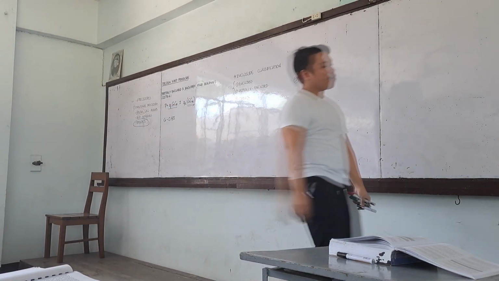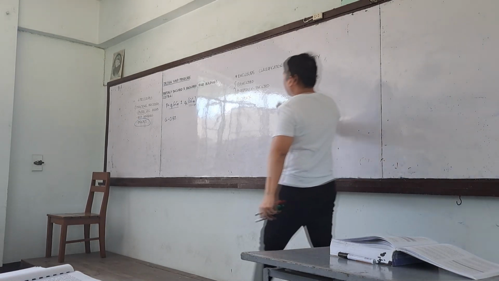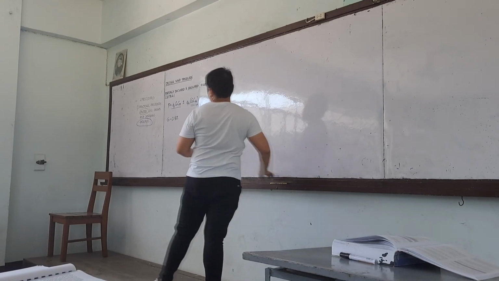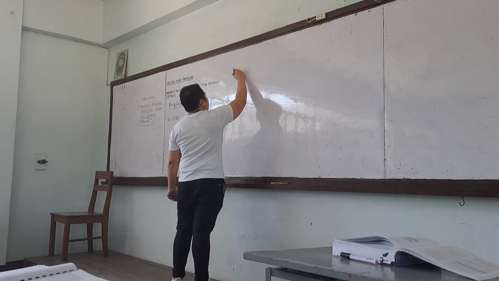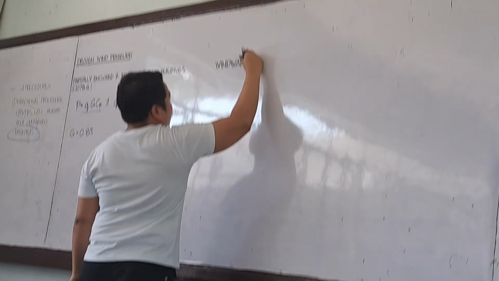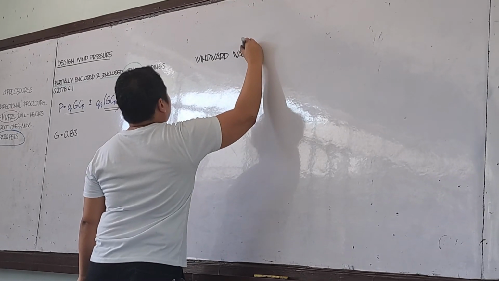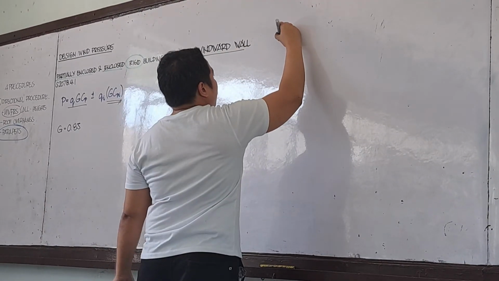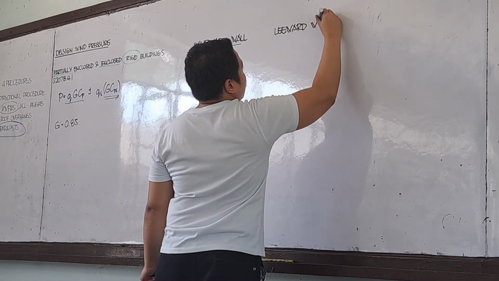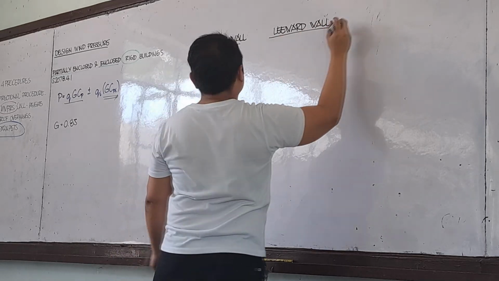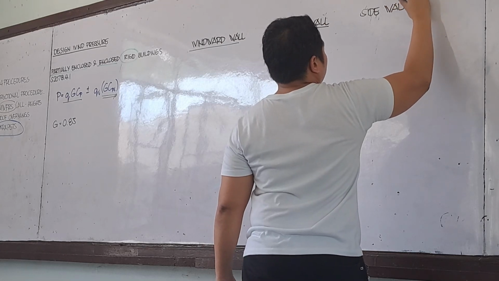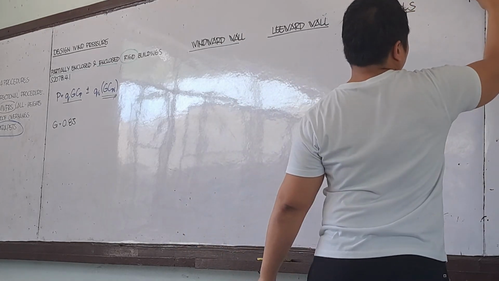Let's identify our 4 directions. We have our windward, leeward, side walls, and lastly the roof.